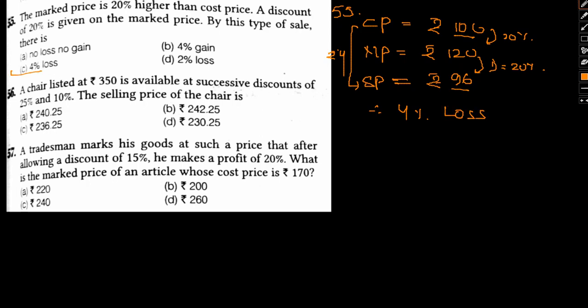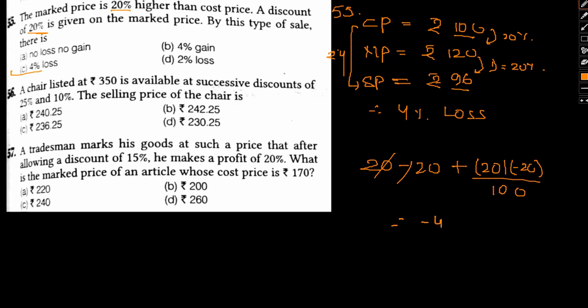Okay. Now this again could have been solved by another easy way by using successive percentage change. So first we have plus 20 because of markup. Then we have minus 20 because of discount. So plus 20 minus 20 plus (20 times minus 20) by 100. Okay, these two get cancelled.